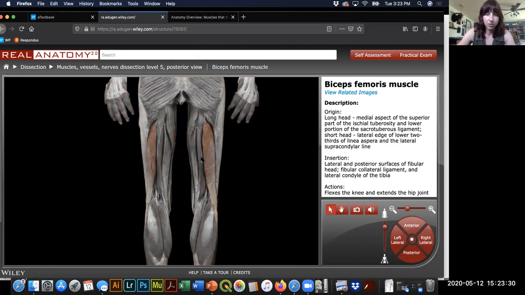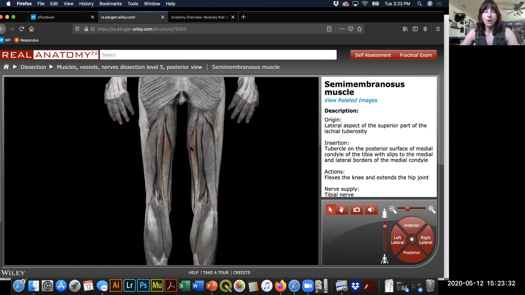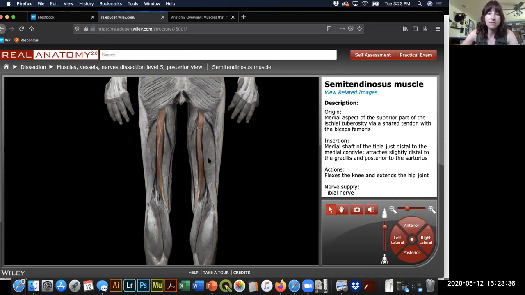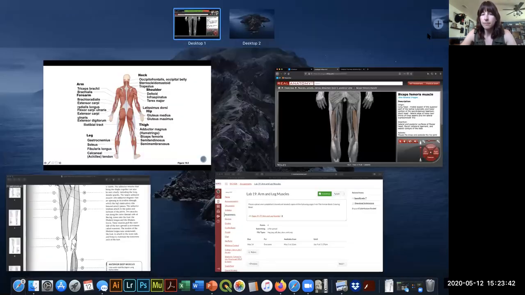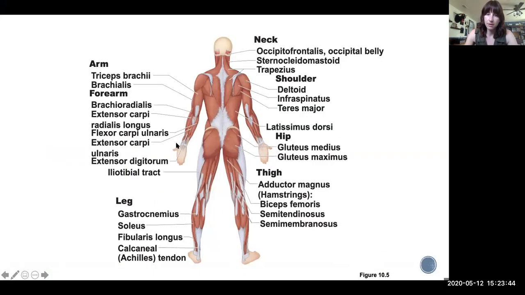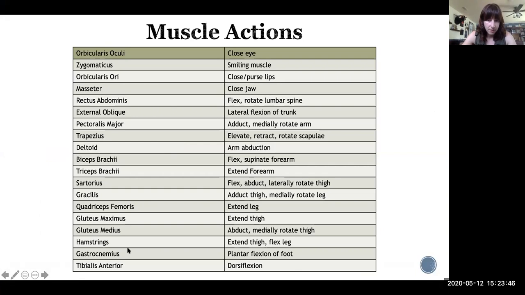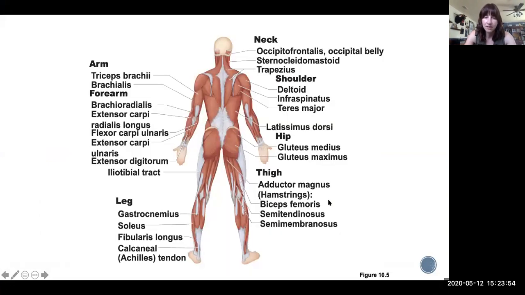Okay. Your three hamstring muscles are your semimembranosus, semitendinosus, and your biceps femoris. These three are all involved in extending the thigh or flexing your leg. Let me explain real quick the difference between extending the thigh and flexing the leg again.